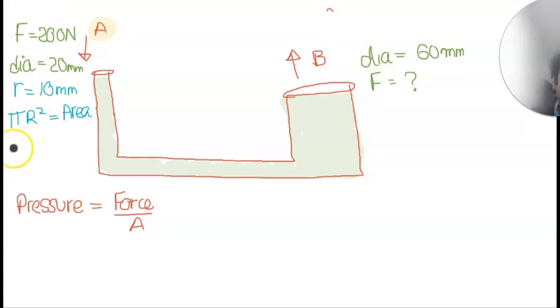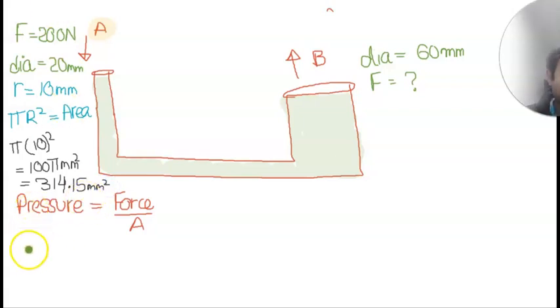Here you have pi, and r is 10. 10 square is 100 pi millimeter square, which will give you a value of 314.15 millimeter square.